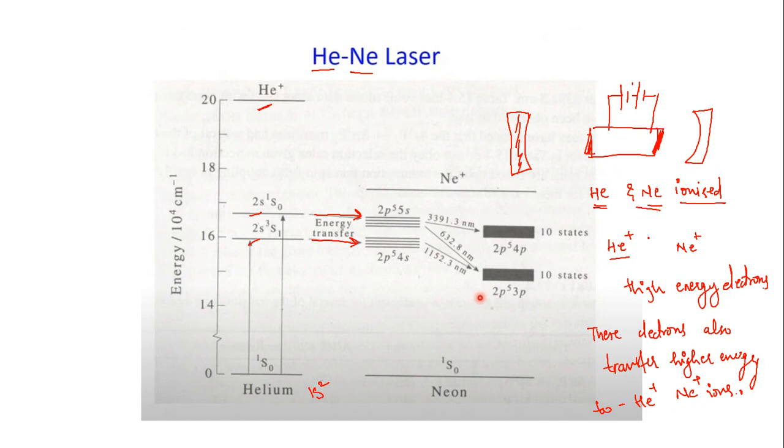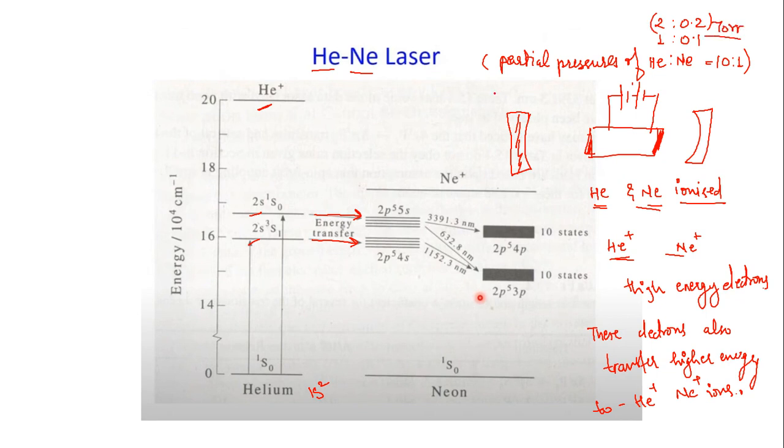First, the helium and neon are ionized to He plus and neon plus, and second thing, the ratio of partial pressures of helium to neon is always taken to be 10:1. Okay, so if I have taken the helium to be 1, the neon would be 0.1, or 2 to 0.2, and that too in terms of torr.